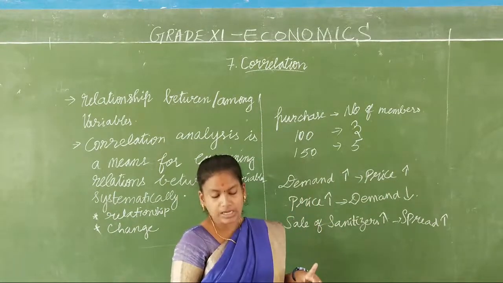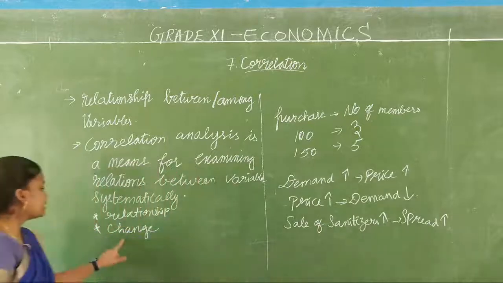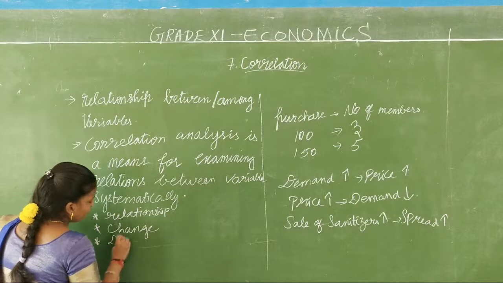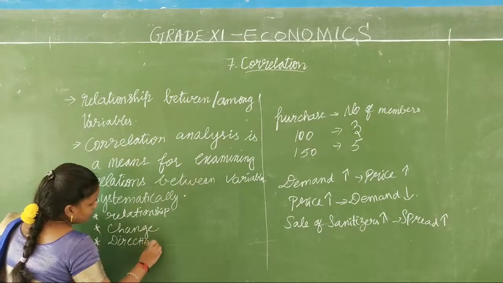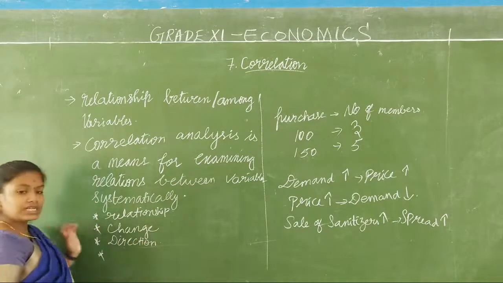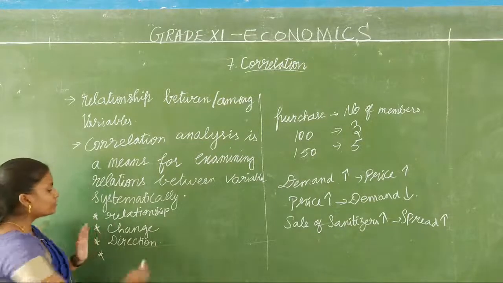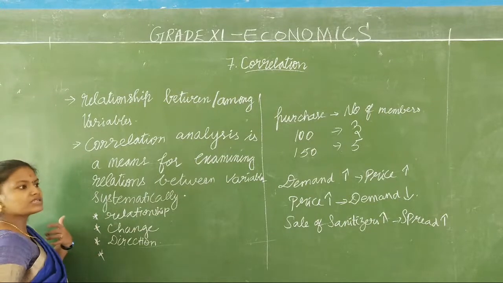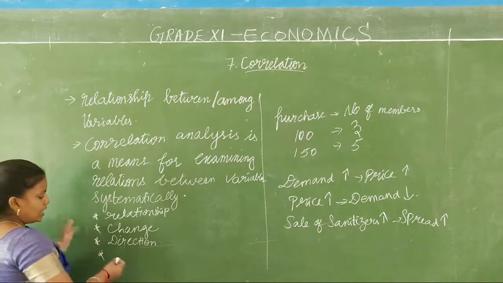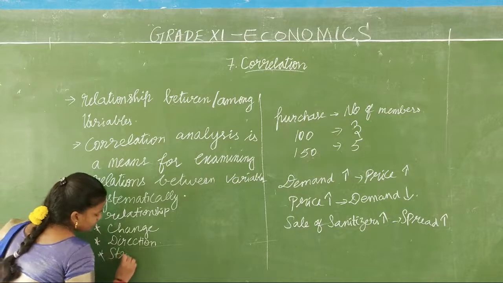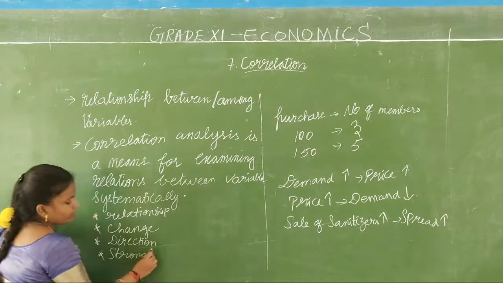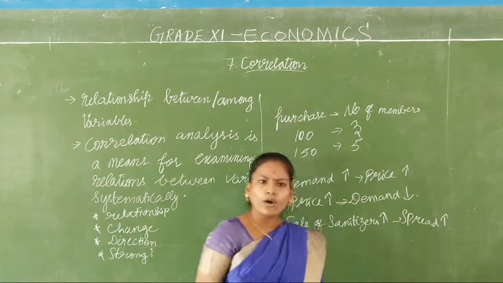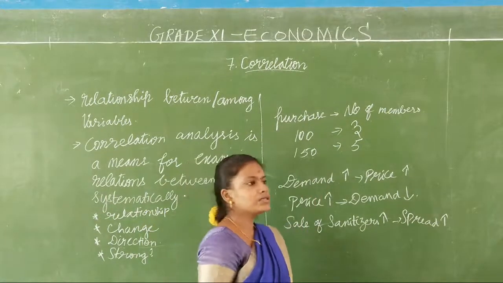How strong is the relationship? So you are talking about the direction of movement. Correlation lets you know about the direction of movement and how much it impacts, how much it affects the other thing. Next, whether the relationship is a strong one. What does a strong relationship mean?